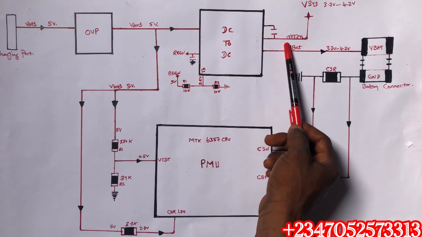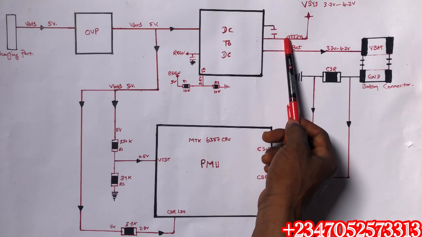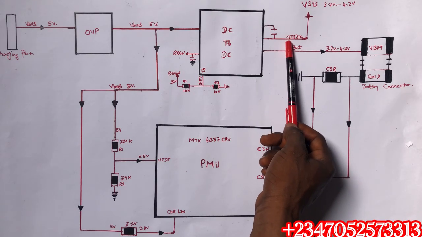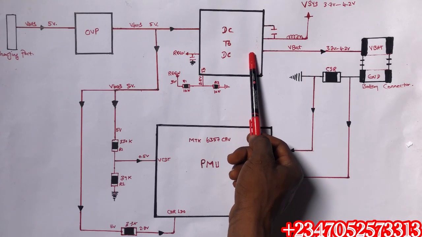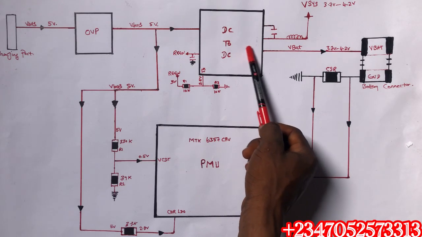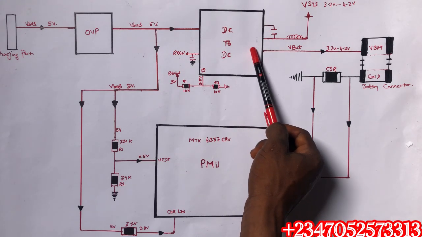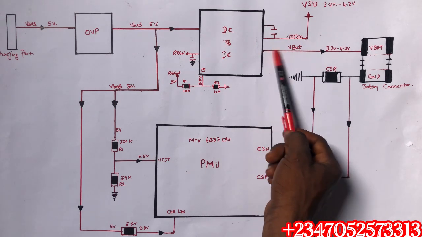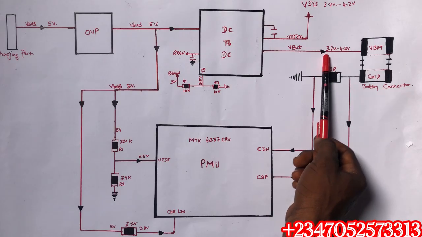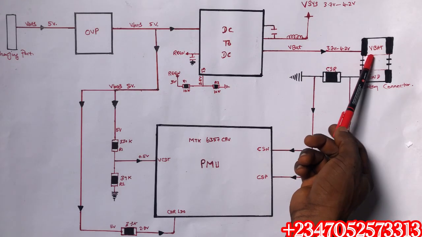Now a line comes out from this VPH line and goes back into your charging IC, and then it will meet a MOSFET, and then they will regulate the voltage, and then the VBAT line will be produced, and then this line will charge your VBAT.